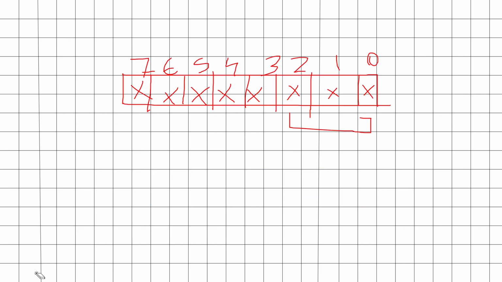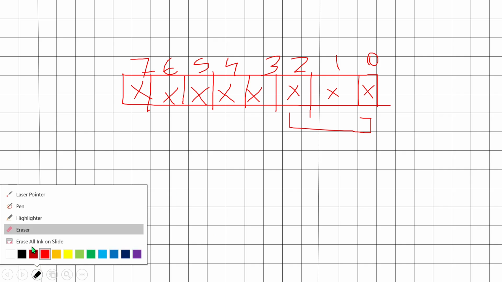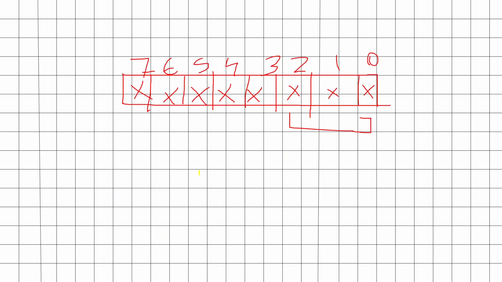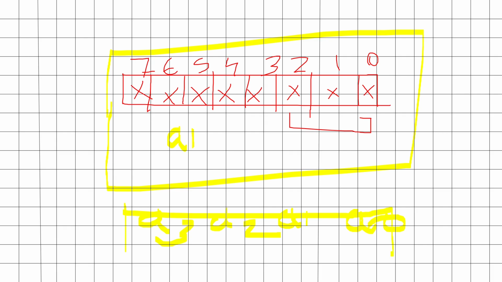Now because this is continuous memory, we will have continuous locations. What is that declaration? [3:0][7:0] memory means we are having 4 arrays of 8 bits. For example, this array is array 0, array 1, array 2, and array 3, and this will be one array.